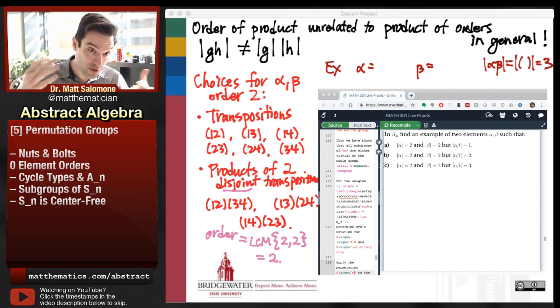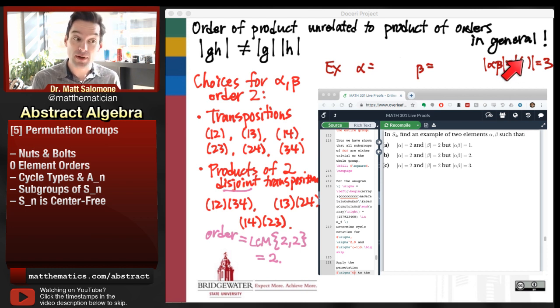It should be either a factor or a multiple of 2. But this example shows that that's not even the case. Well, let's think about what elements in S4 have order 3. The 3 cycles, in fact, are the only examples of elements that have order 3 inside of S4. And so maybe I can find a product of elements of order 2 that's going to give me the 3 cycle (1 2 3).